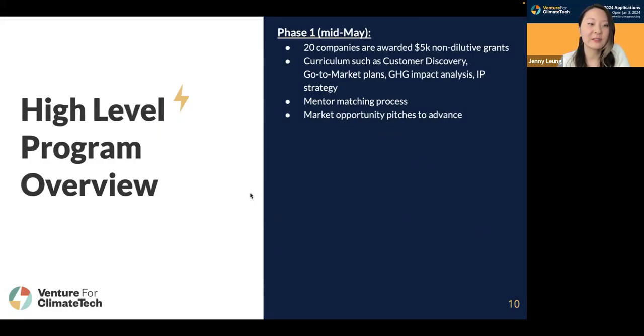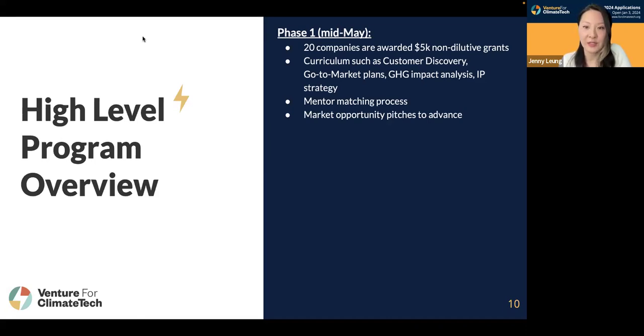Now, as a high-level program overview of what to expect in those 6 months, we've broken them up into 3 phases. The first phase starts in mid-May, which is when the cohort starts. At that point, the 20 teams that come in will be awarded $5,000 in non-dilutive grants, and the curriculum will include things such as customer discovery, go-to-market plans, GHG impact analysis, IP strategy, et cetera.